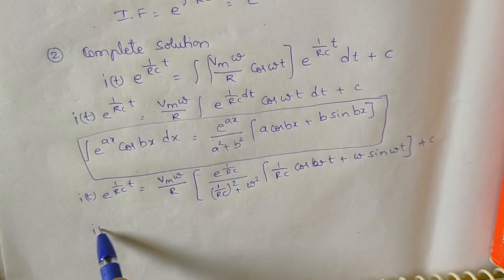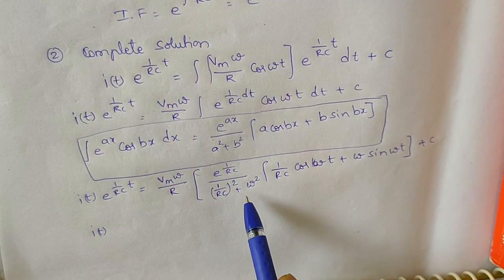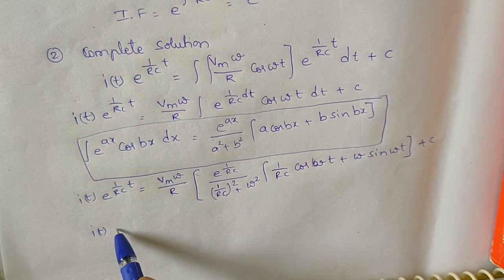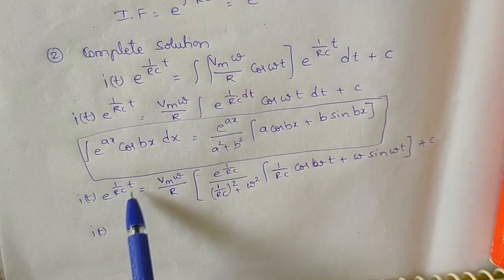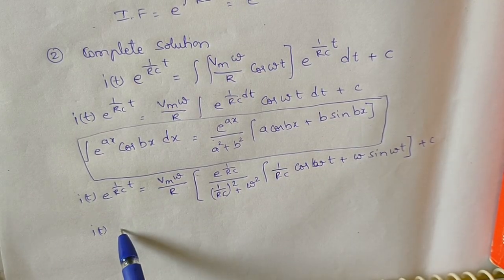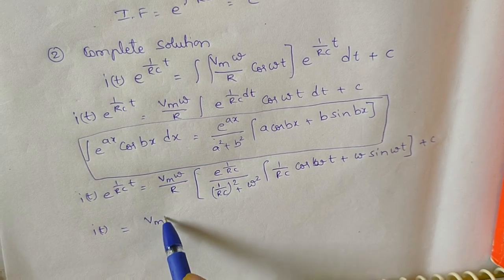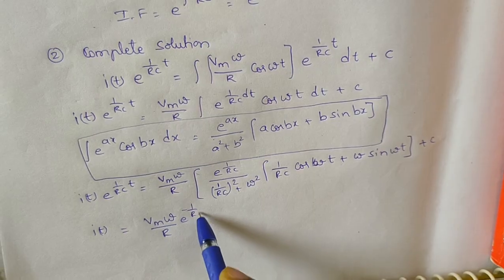Now for I of t, we will be taking this e power 1 by RC into t to the RHS, then it will be Vm omega by R e power minus 1 by RC t.